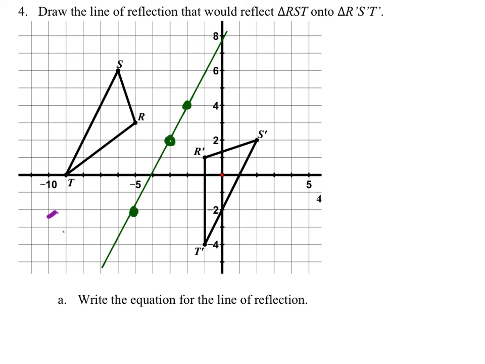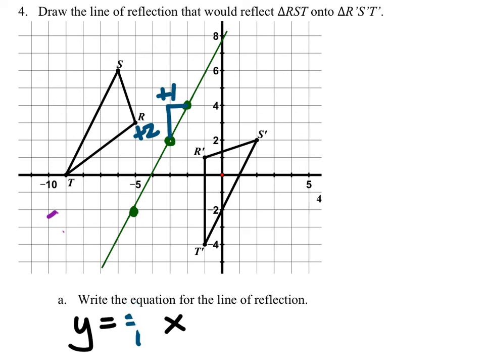Now from this, since we need the equation, we're going to write it in slope-intercept form. So it's y equals mx plus b. The slope is m, and I have 2 points that I can use to find the slope. This goes up 2 and then to the right 1, giving me a slope of up 2 to the right 1.